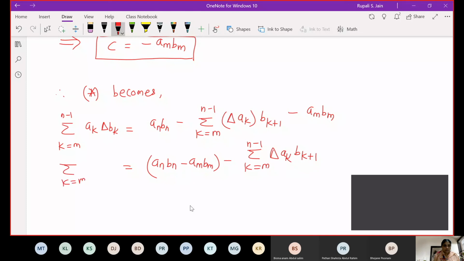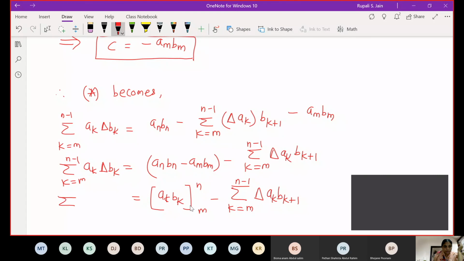So summation k equal to m to n minus 1 of ak delta bk, I can write as ak bk from m to n minus summation of delta ak bk plus 1.